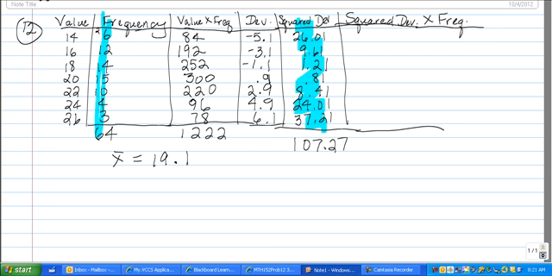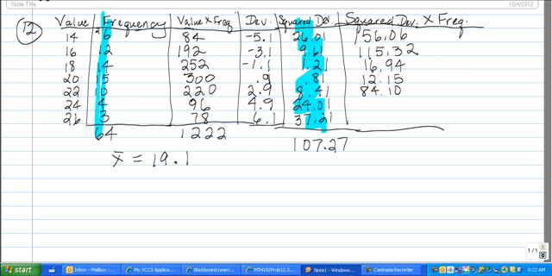So 6 times 26.01, 12 times 9.61, 14 times 1.21, okay, 15 times 0.81 is 12.15, 10 times 8.41 is going to be 84.10.